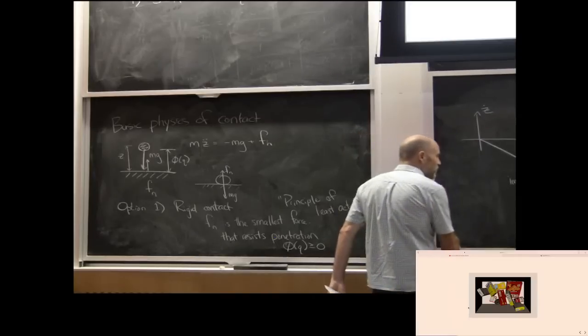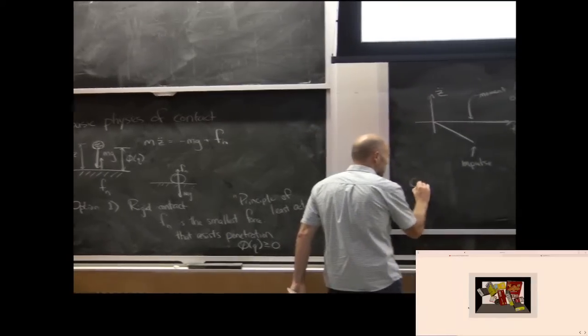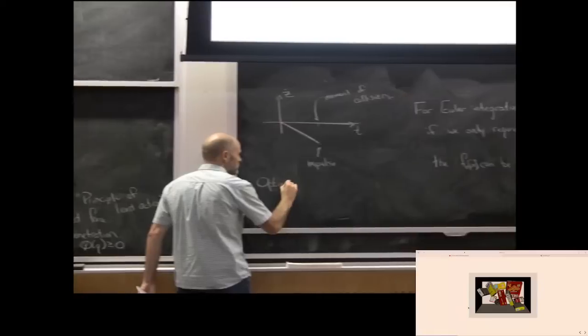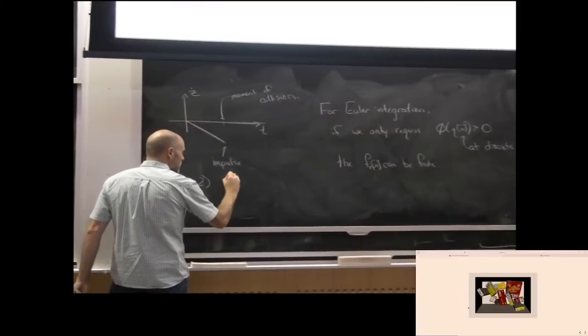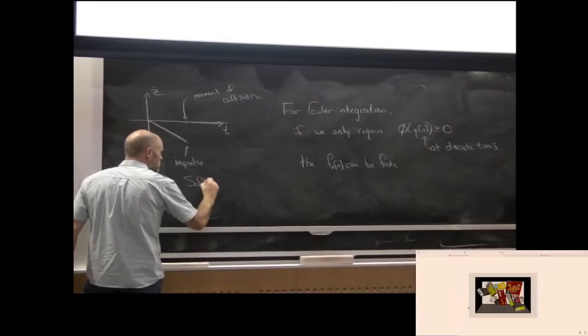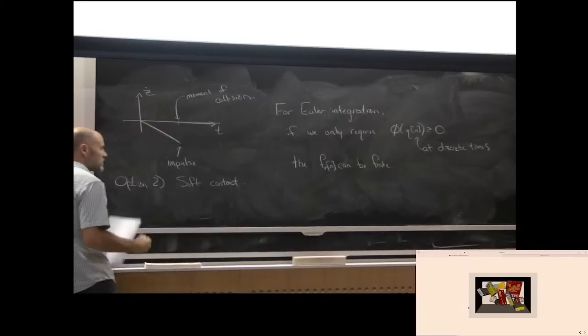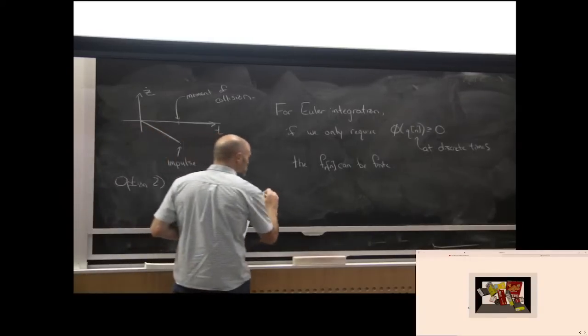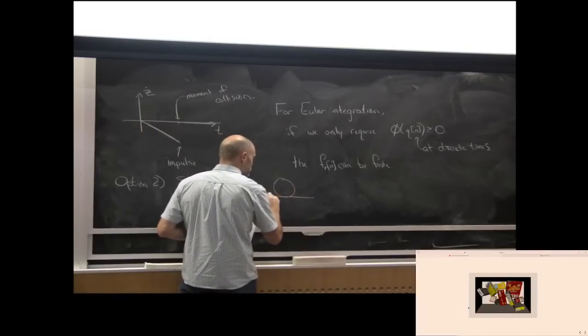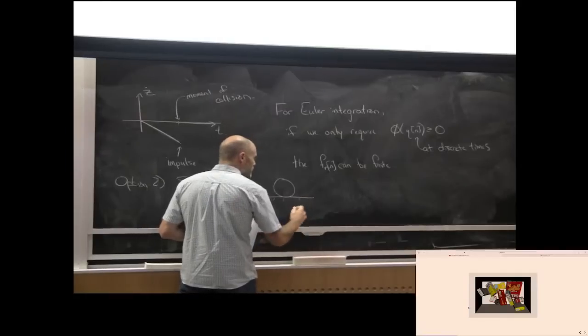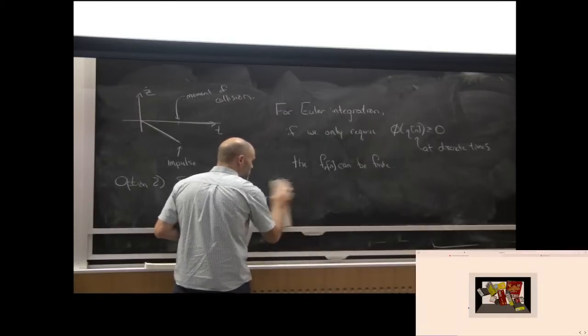So before we move on to those time steppers, let me also say option 2 here is to think about soft contact. Now, when the ball is on the ground here, let me draw it even a little bit in penetration.